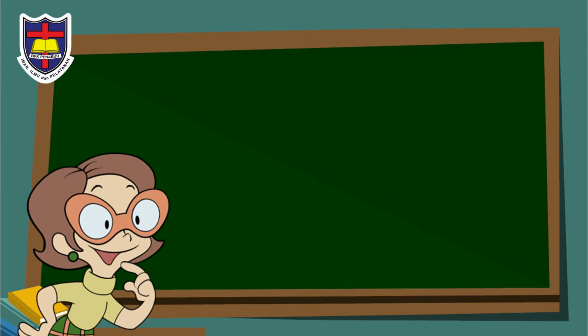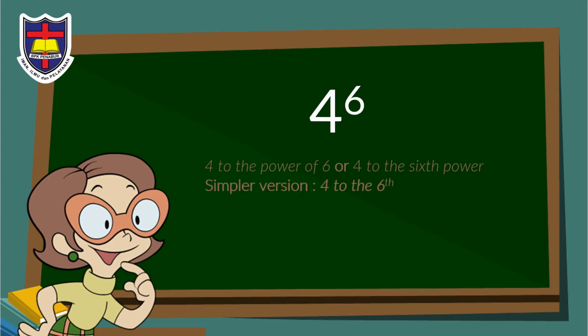So we will go to our next example, 4 to the power of 6, or we can call it 4 to the 6th power. Or if we want a simpler version of it, we can call it 4 to the 6th. Now, what does it mean?